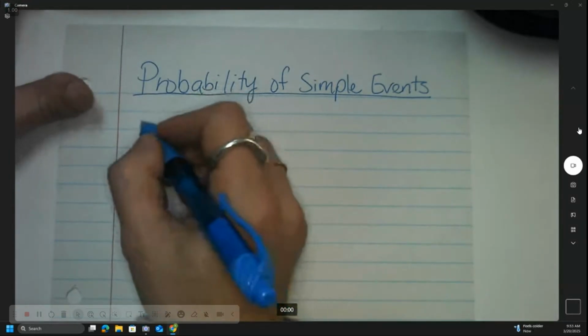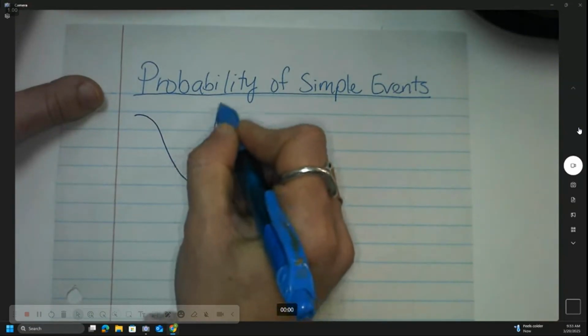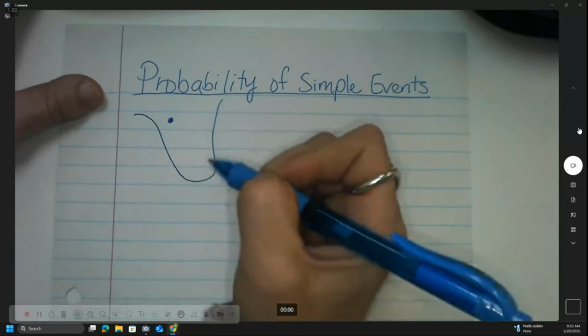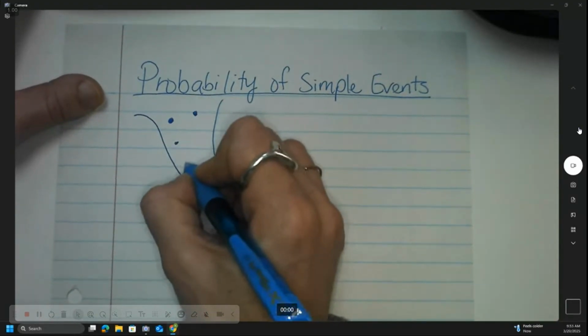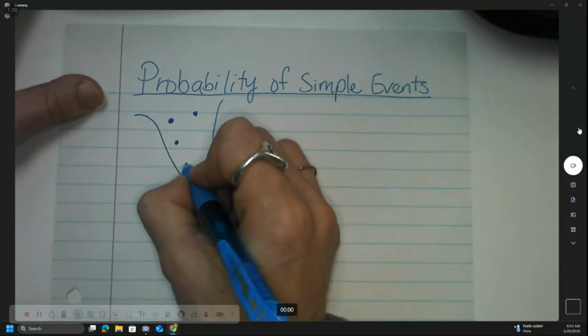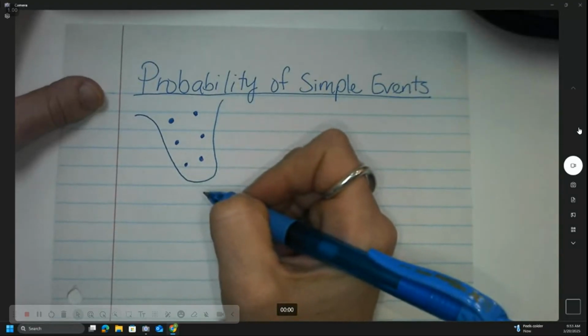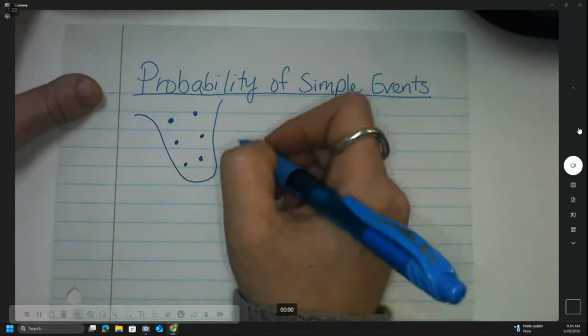I'm going to go ahead and draw, like, if I had a bag of marbles. I want you to draw this too. 1, 2, 3, 4, 5, 6 marbles are going to be black, let's say.